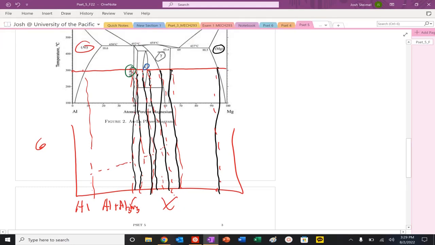Common tangent, single, and then another common tangent here. So I'm going to hit those common tangent lines.